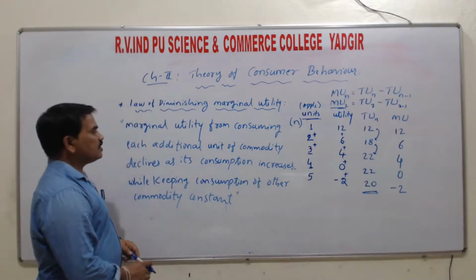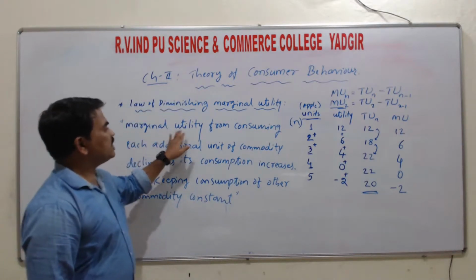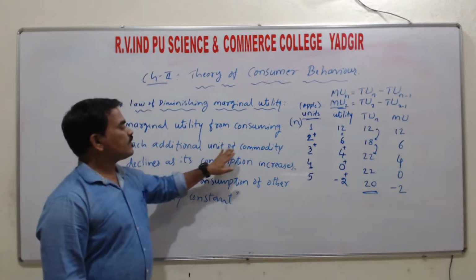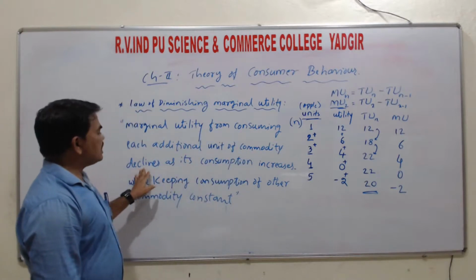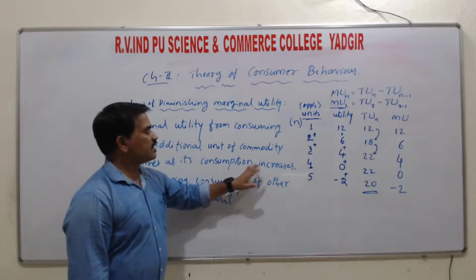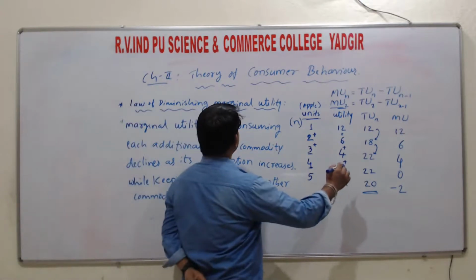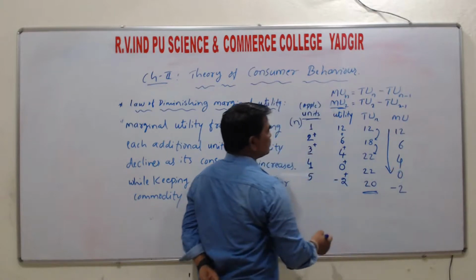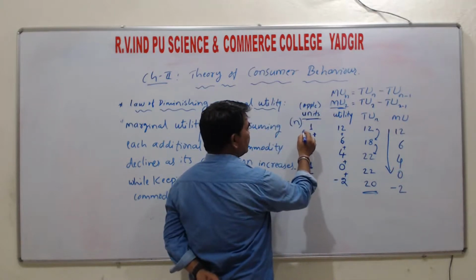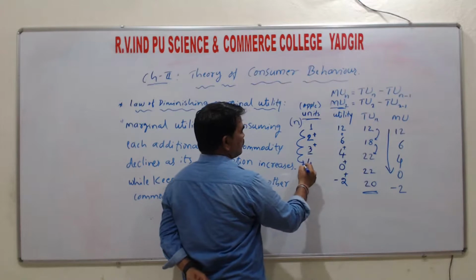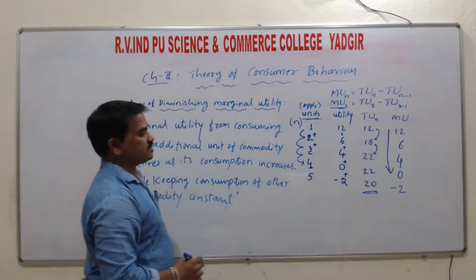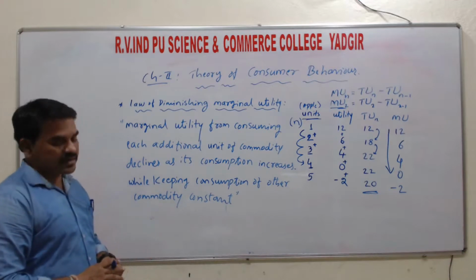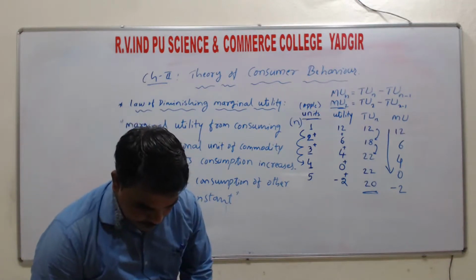So I'll read it again. Marginal utility from consuming each additional unit of commodity declines as its consumption increases. The marginal utility declines as the quantity of this commodity increases. Okay, this is the law of diminishing marginal utility.